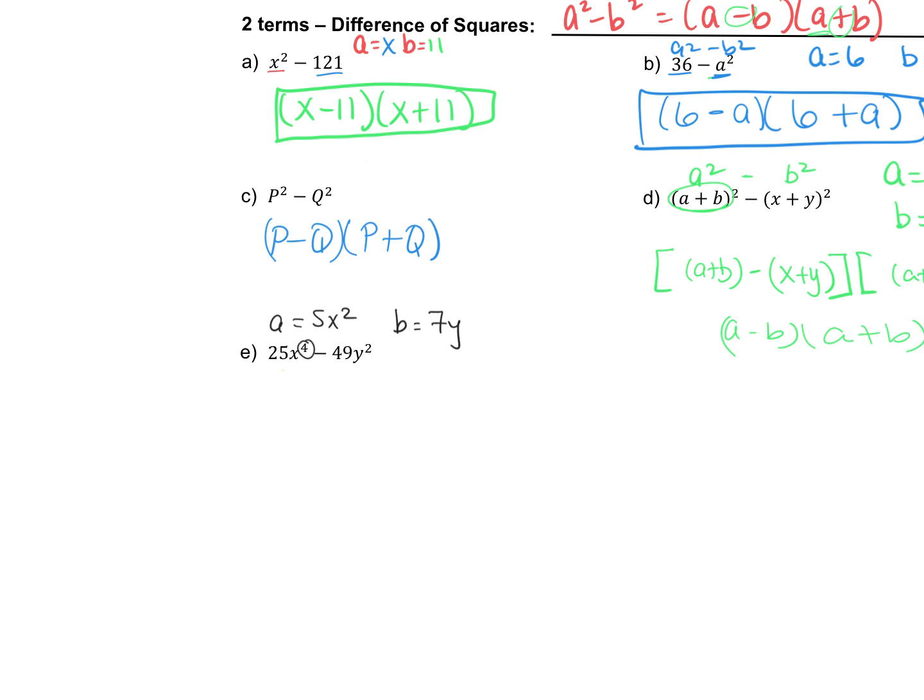You just take the square root of each term because you're taking the difference of squares. Now let's write our two parentheses. 5x squared plus 7y. My second term is 5x squared minus 7y. Okay? All right.